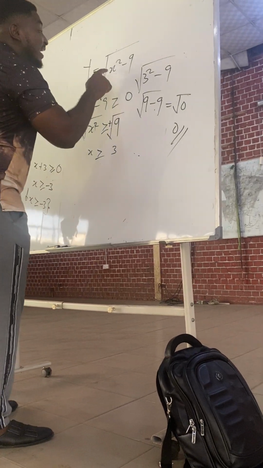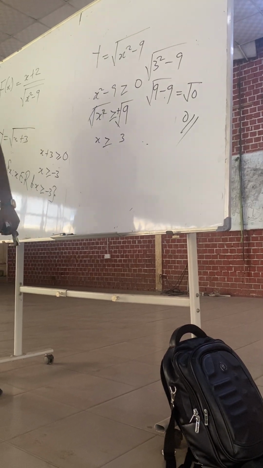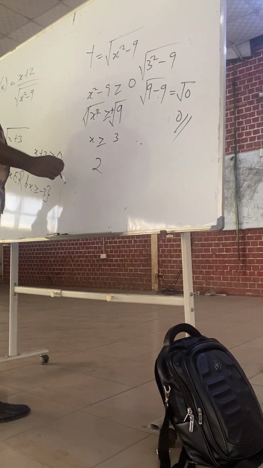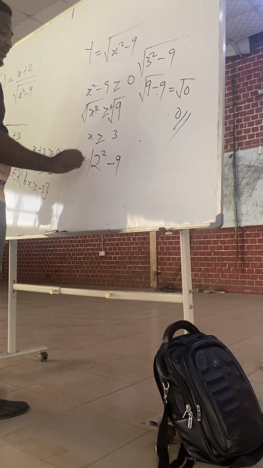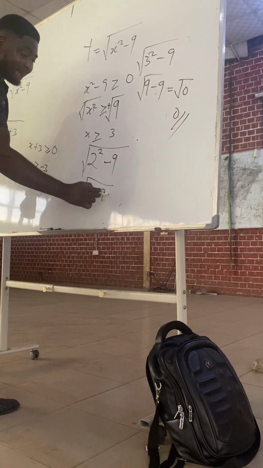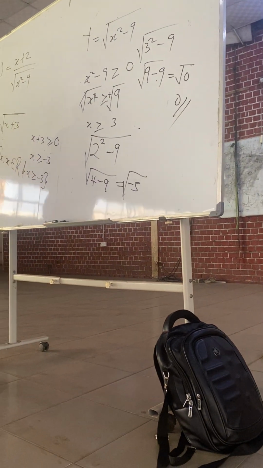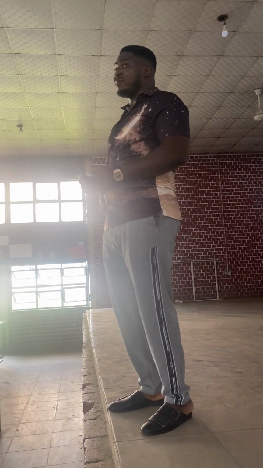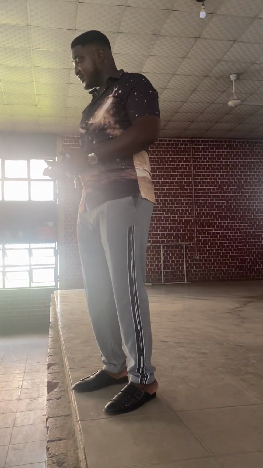Now, what will you put here that will make this function not exist? 2. You must be greater than or equal to 3. You put 2 into this function: 2 squared minus 9. What's 2 squared? 4. 4 minus 9 is minus 5. The square root of minus 5, math, doesn't exist.